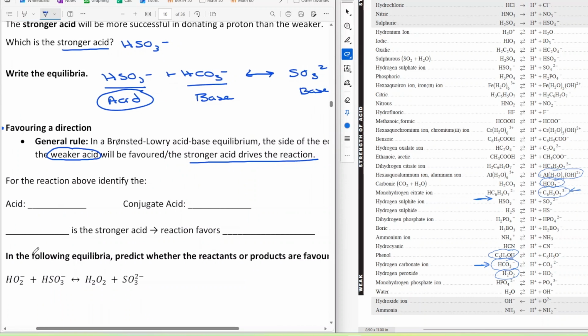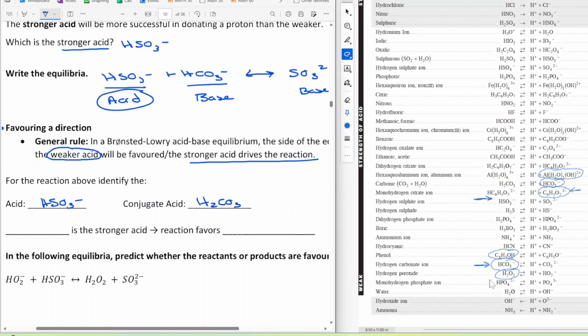So of the two, my acid is HSO3 minus and my conjugate acid is H2CO3. Of those, which one's going to be stronger? Now I'm going to guess it's going to be my diprotic because losing your first hydrogen is easier, so it makes it a stronger acid.